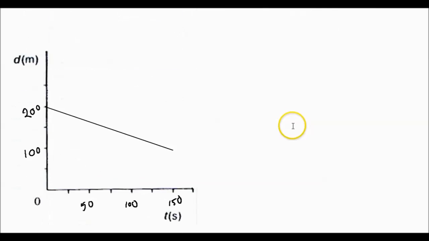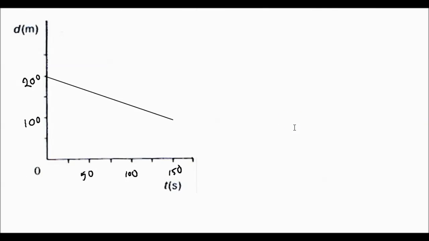Now, another example, we have a negative line, a negative slope. This is going to mean that our object is moving backwards. And we can show that because if we find our slope, this point is 150, 100, and this one is 0, 200.